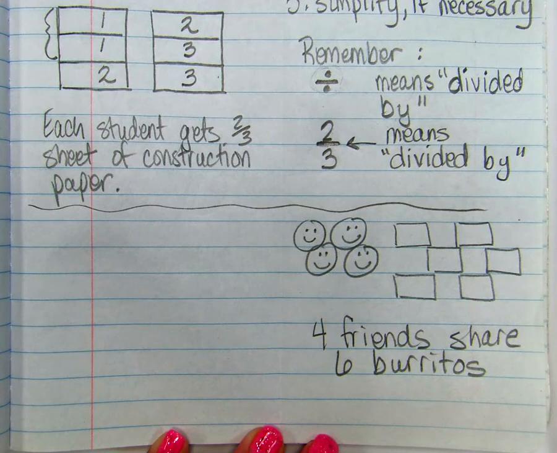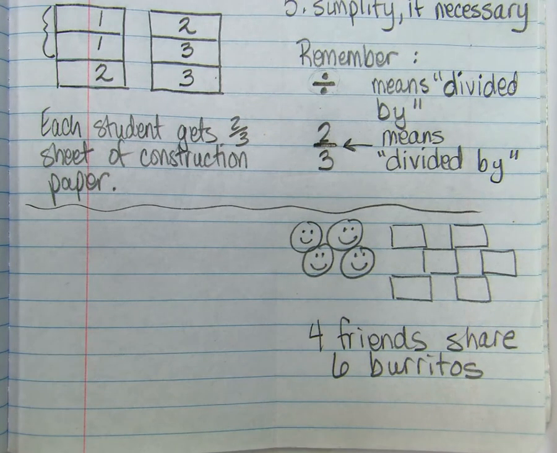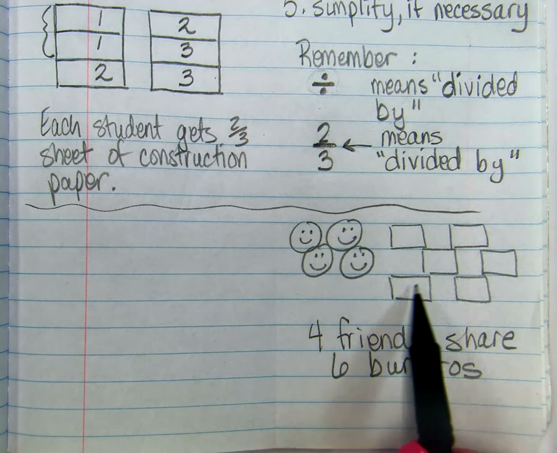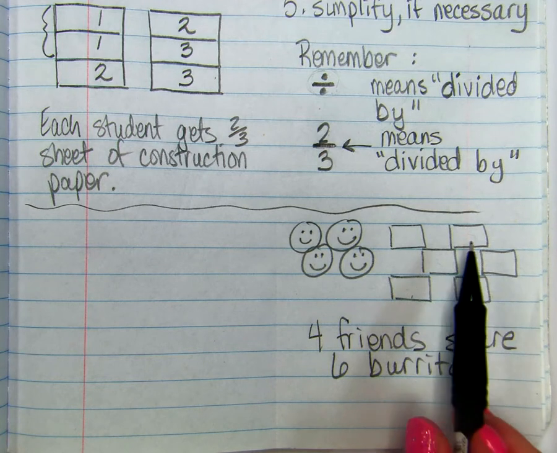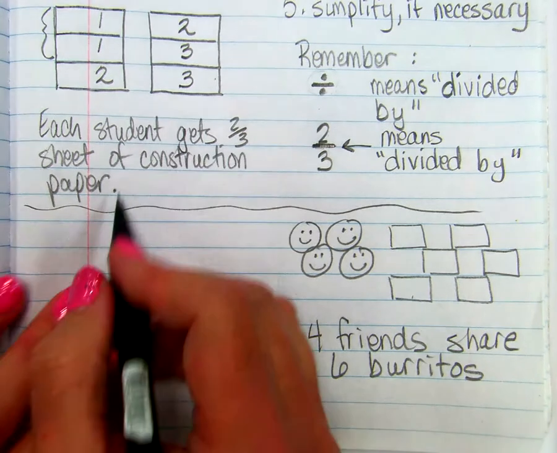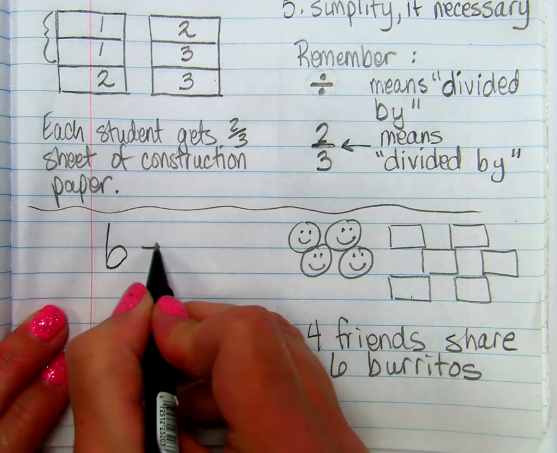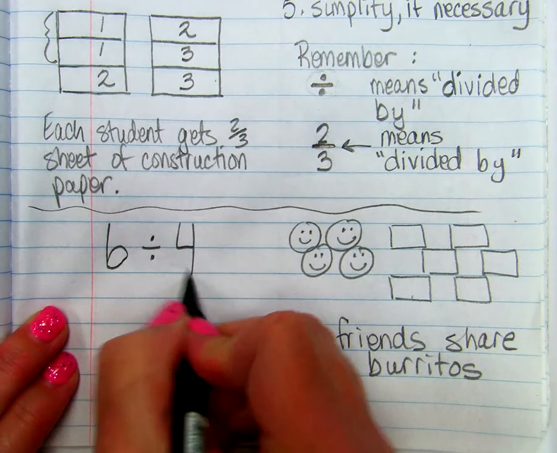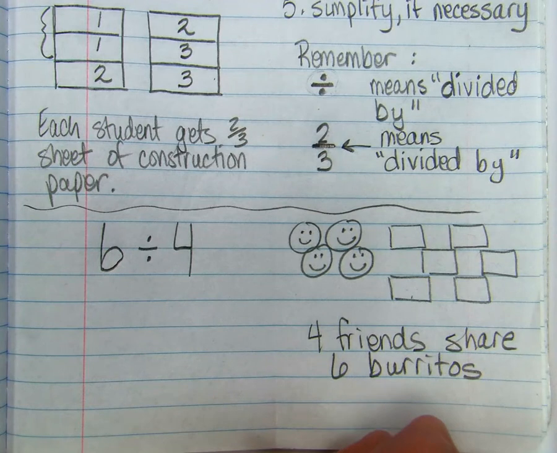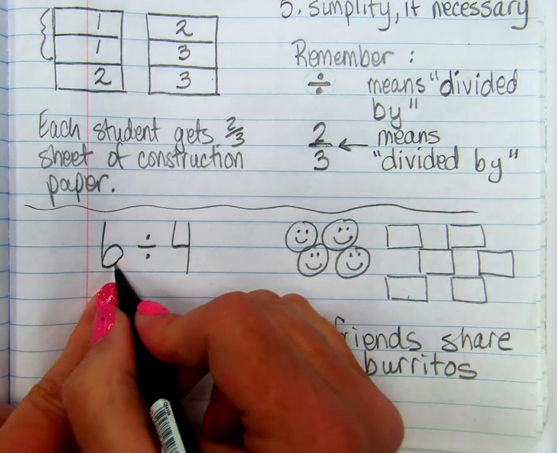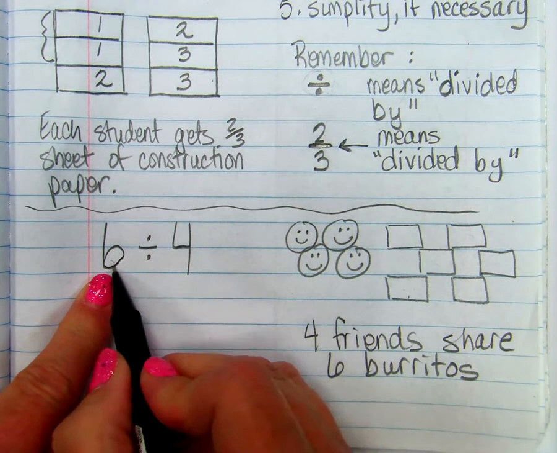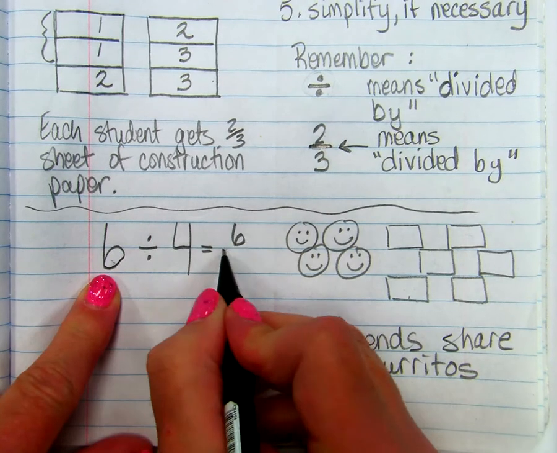So, what am I dividing up? What do I have to give an equal share? They're sharing the burritos, so I have to give equal share of the burritos to the 4 people. So that is 6 burritos divided by 4, or 6 burritos divided equally for 4 people. So remember, this is the dividend, the 6 burritos, what's getting divided up, divided by 4, and that equals 6/4.